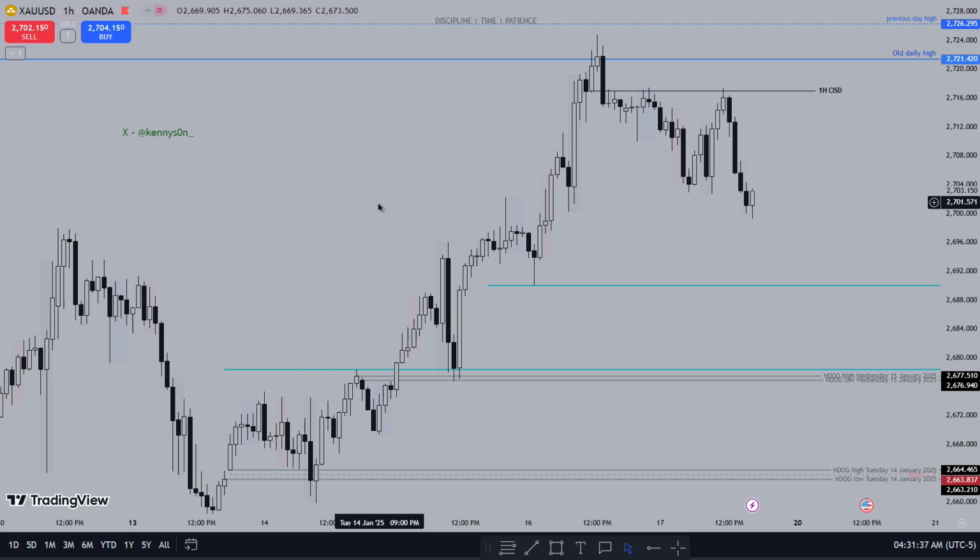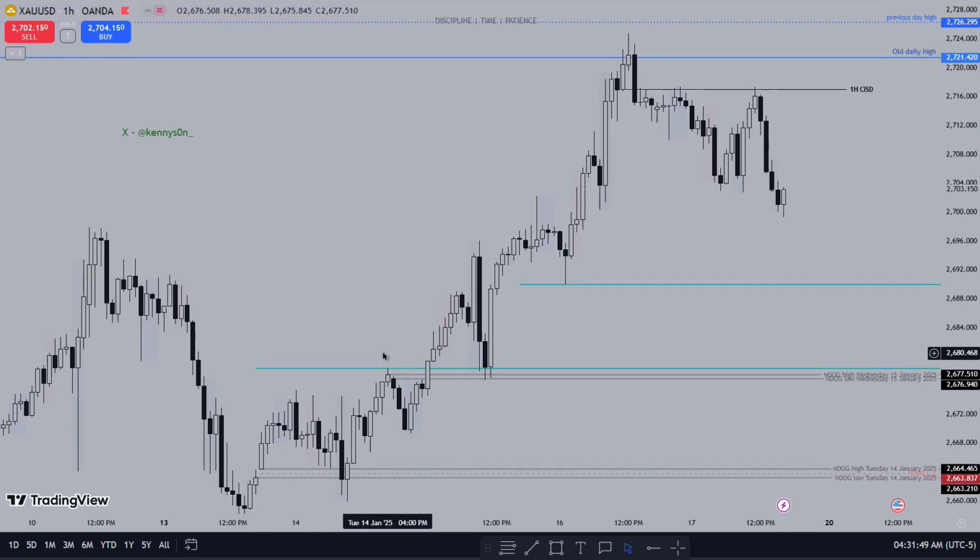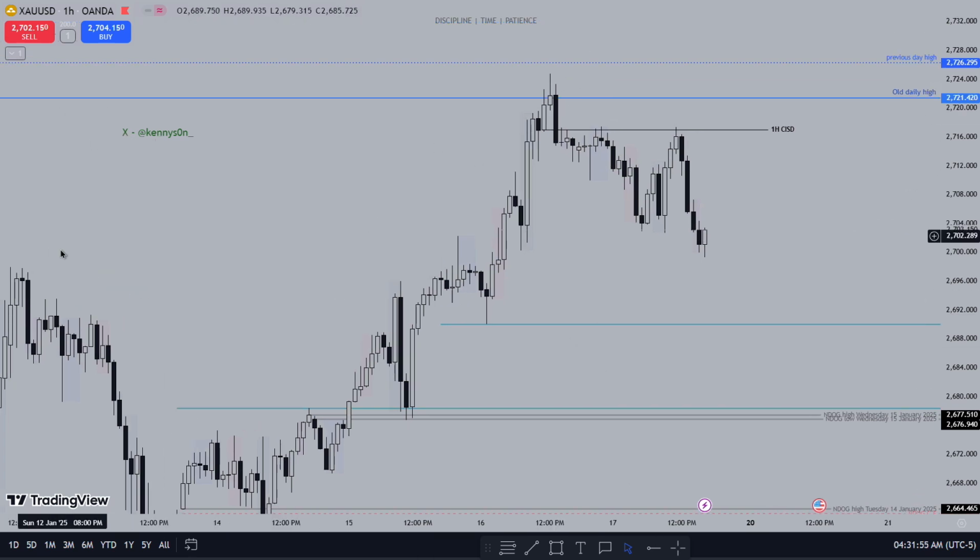Sometimes, as a turtle soup trader, I'm a turtle soup trader, it's a hard time. Let me just say personally, maybe you'll be trying to look for a reversal here, but no, you don't get the reversal there.